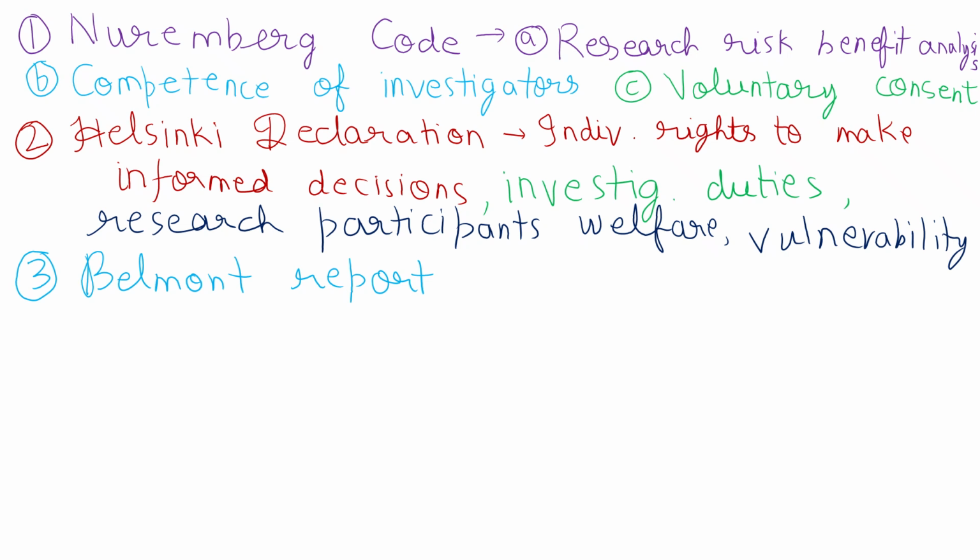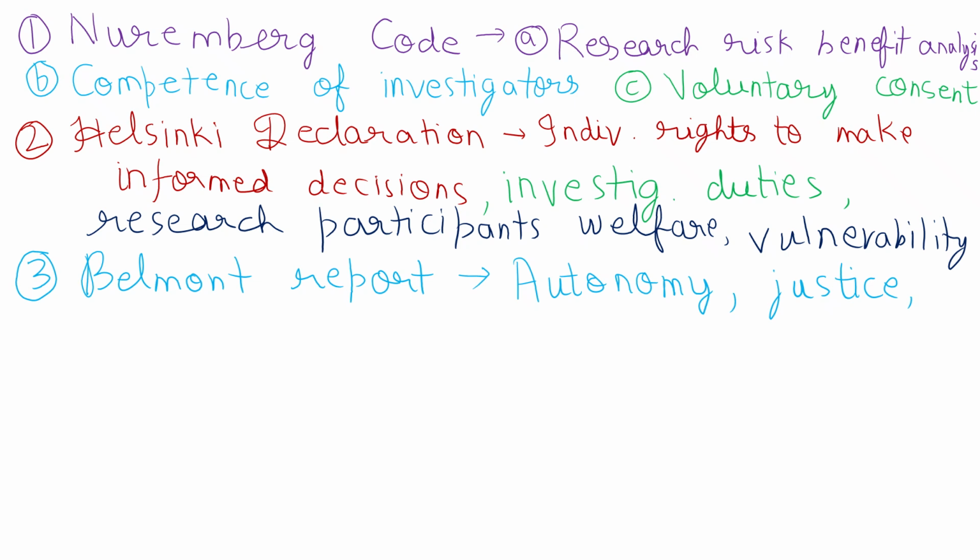Helsinki Declaration 1964 and Belmont report 1978-79, which talks about three key points. Autonomy, that is the total independence and freedom of the study subject to participate in the research. His or her choice. If he or she wants to quit the study at any time, he or she can do so freely, and no one has any right to force anyone into a clinical trial. That's a crime.